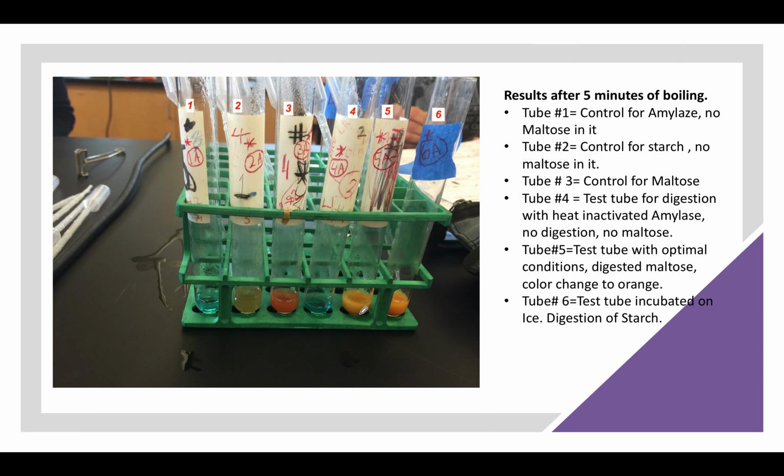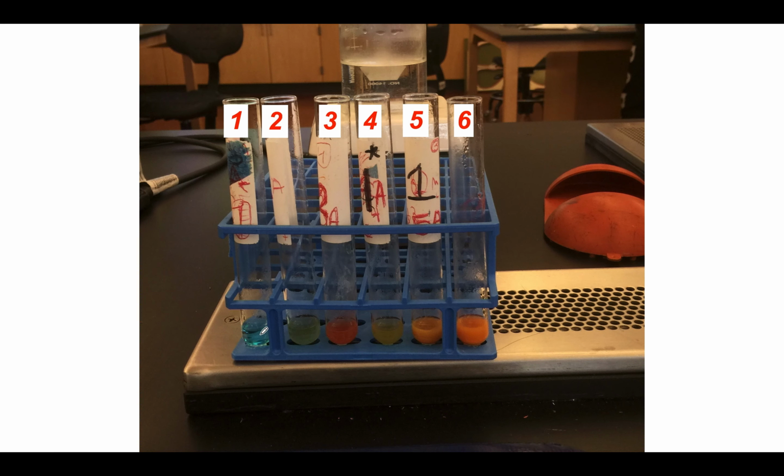Tube number 5 had amylase and starch incubated at 37 degrees centigrade, and then we added the Benedict solution and saw the color change. And here, tube number 6, which was incubated on ice water, again there is a reaction, again there is some digestion. This was done with one group, and this was done with another group, which had similar results.